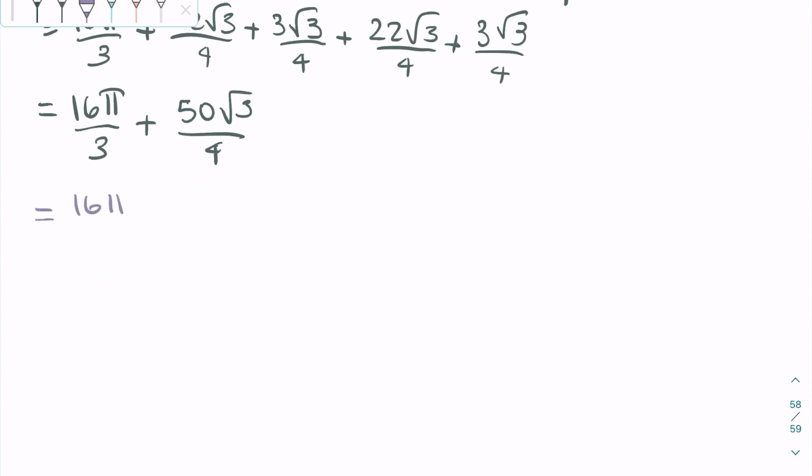So the value of this integral is 16 pi over 3 plus 25 square root of 3 over 2.